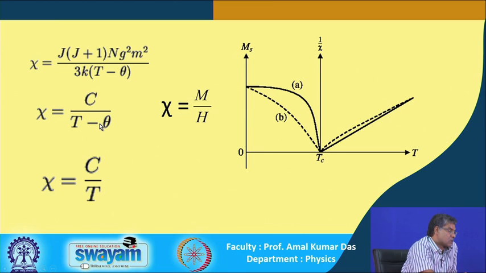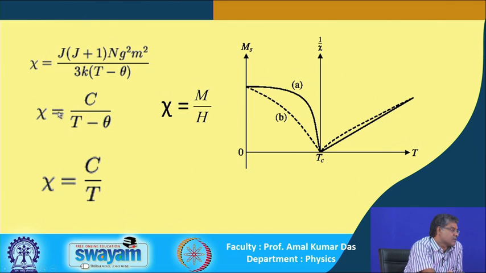Since this equation is valid only for the paramagnetic phase, I have an opportunity here. If I plot chi versus T, and chi is nothing but m by h. The measurement we have done is m versus h, now m versus T applying a particular field. You divide this m by the magnetic field, then it is chi.